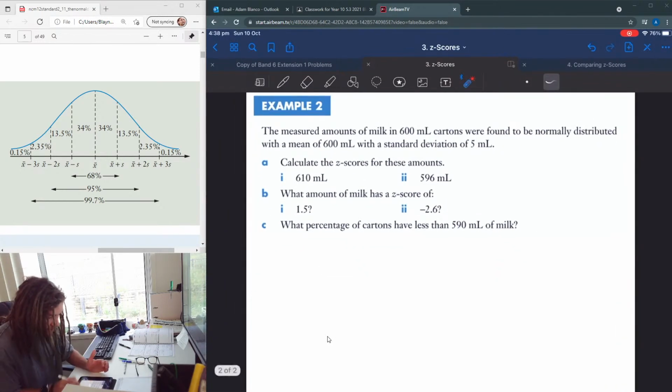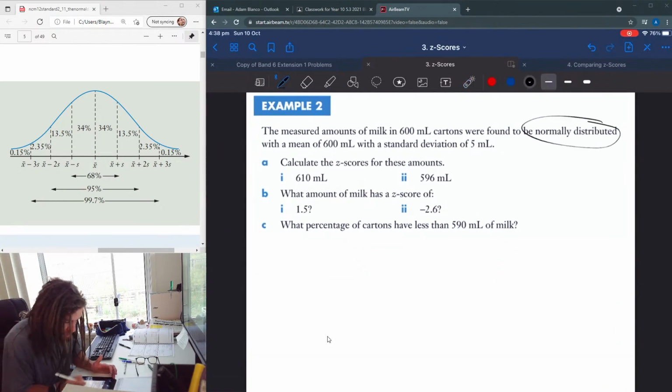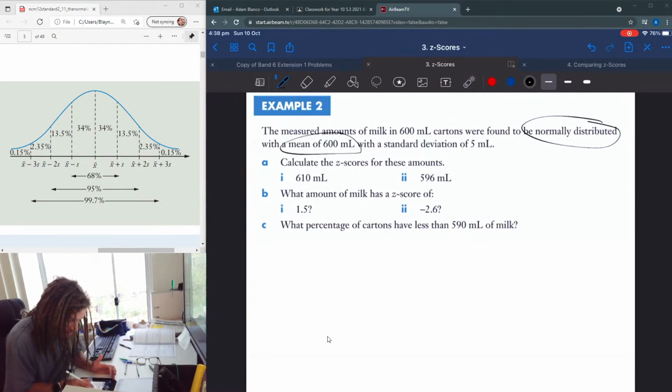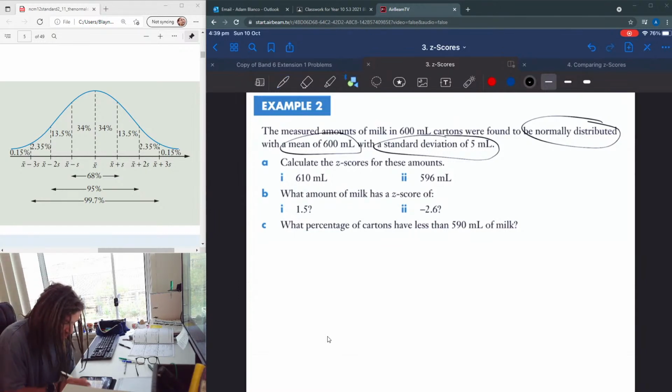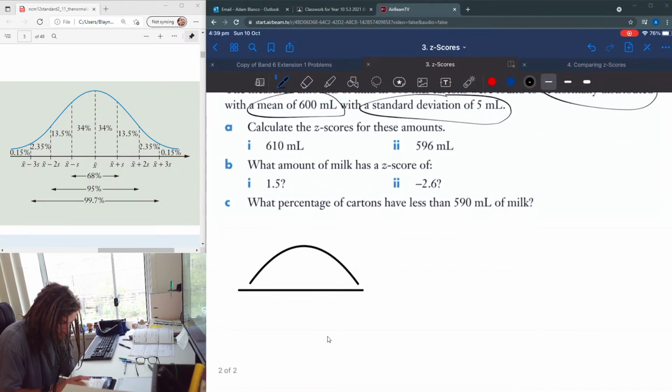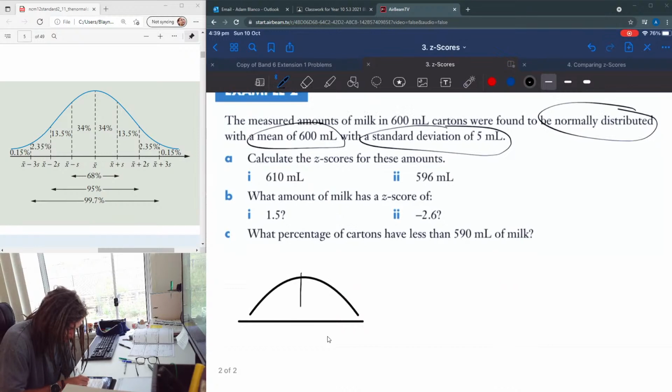Because I'm told that it's a normal distribution, and I'm told what the mean is, and I'm told what the standard deviation is, I'll probably just draw it anyway, just to get an idea of whether my answers are going to make sense. So I'll draw my normal distribution. So my mean here, I'm going to call that x bar, is 600.